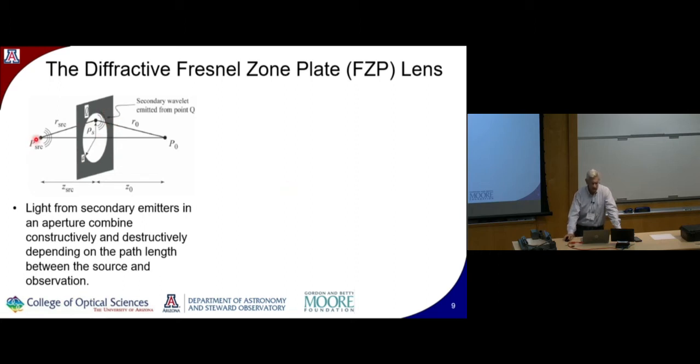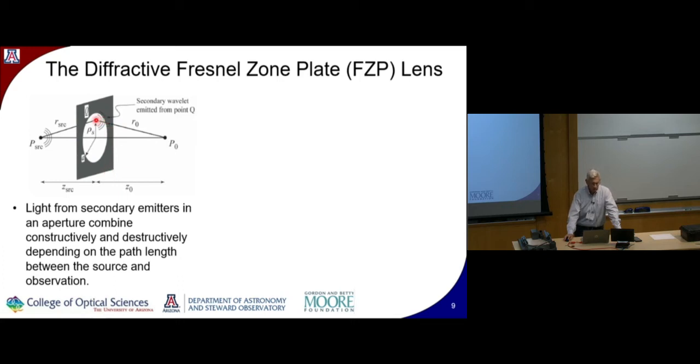And the aperture is illuminated by a point source. And Huygens tells us that we can consider the light in the aperture as a combination of secondary emitters that each act like a little point source. And the total light at the observation point is a combination of the light from all the emitters.